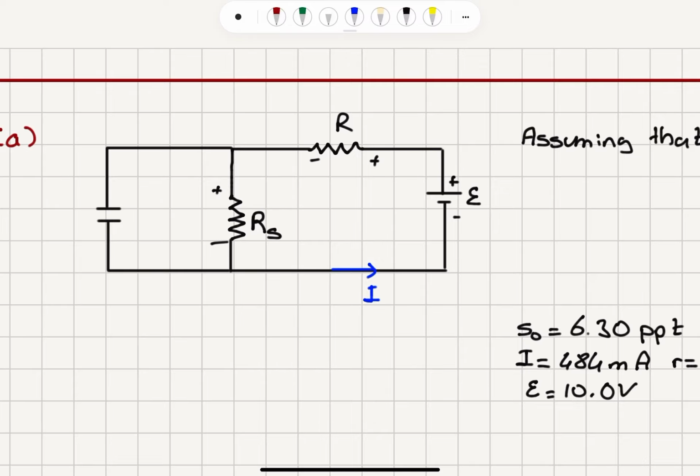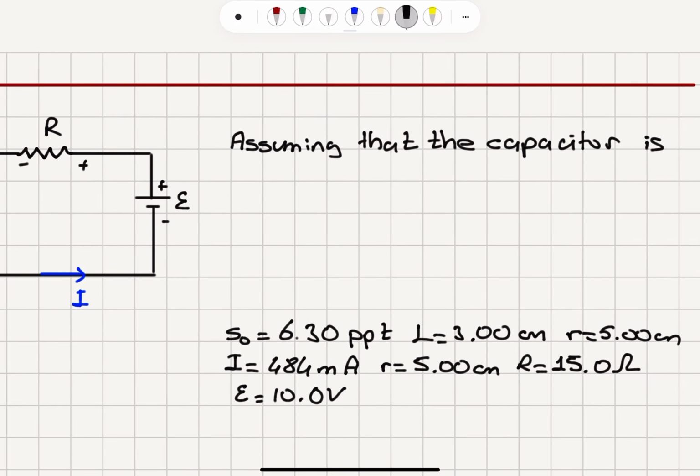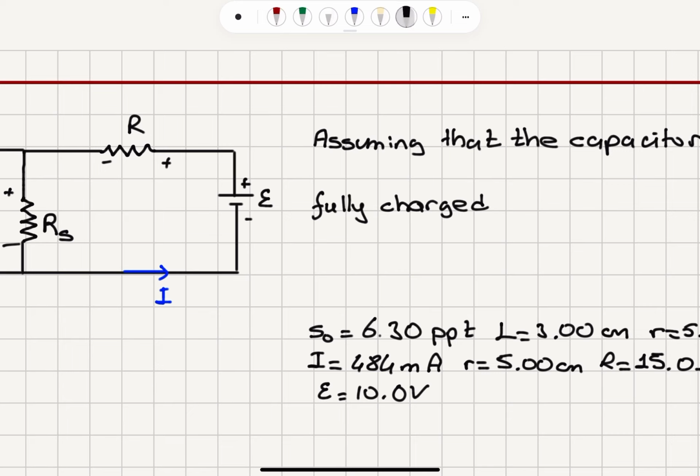labeled this way. All right, so we're assuming that the capacitor is fully charged. Therefore, the current through the capacitor is 0. So the current that only flows through this branch is I multiplied by the equivalent resistance R plus RS.